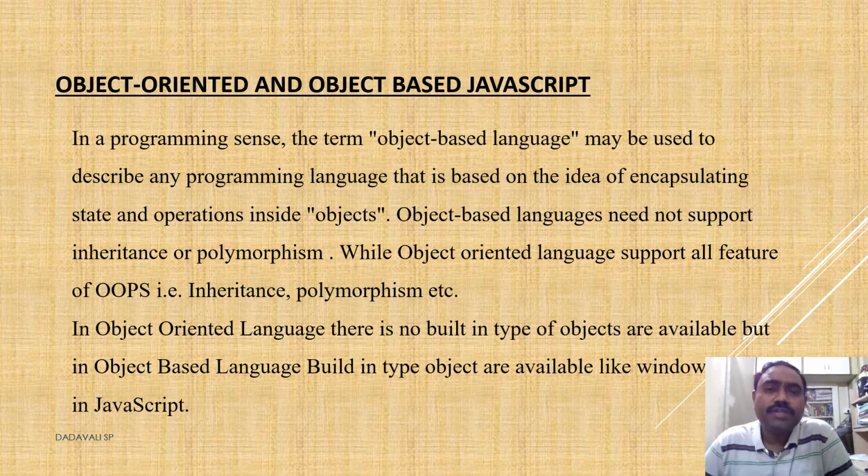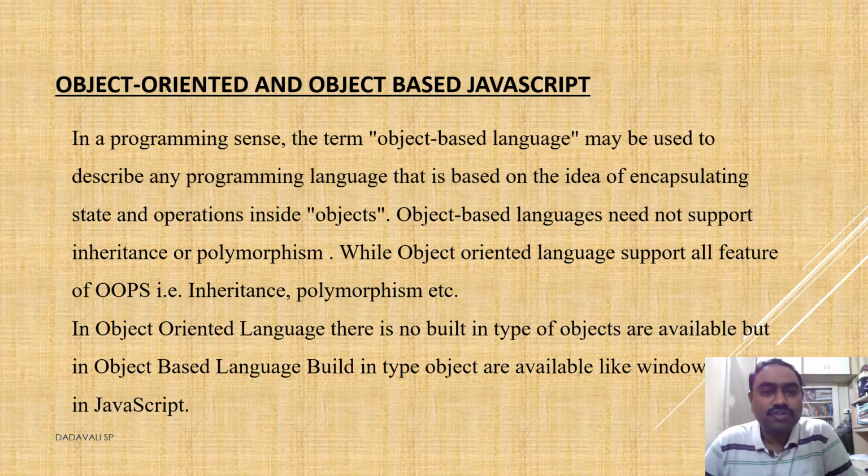it is an object-based language. In a programming sense, the term object-based language may be used to describe any programming language that is based on the idea of encapsulating state and operations inside objects. So an object-based language need not support inheritance or polymorphism.